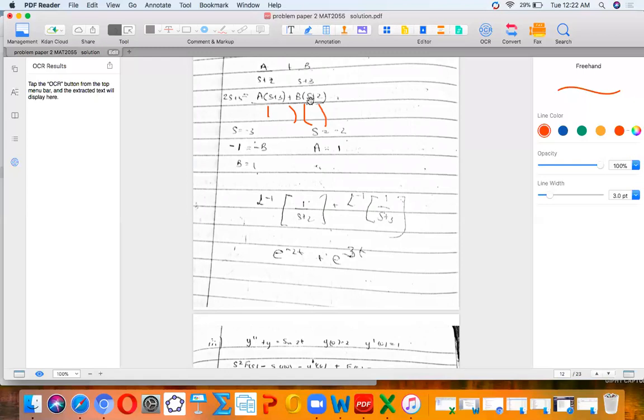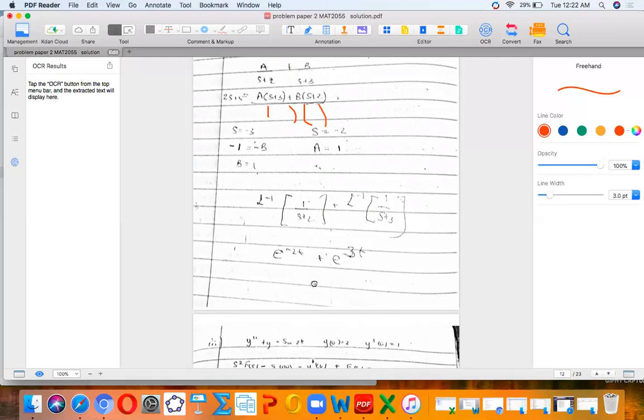Same thing here, when s equals -2, B is gone, so you have -2 times 2, that's -4 plus 5, that's 1, and -2 plus 3, that's 1, so that's why A equals 1. So this is 1 over s plus 2, and that's A. This A, you replace with 1. This B, you replace with 1. And then you find the inverse, so this would be e to the -2t plus e to the -3t.